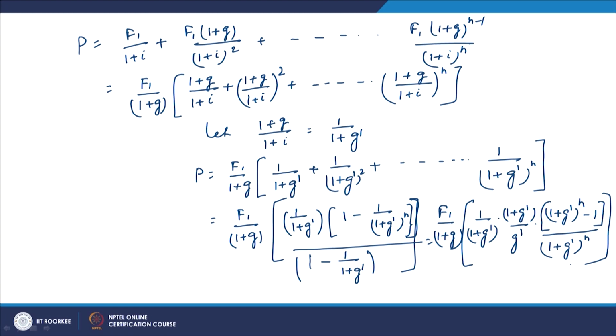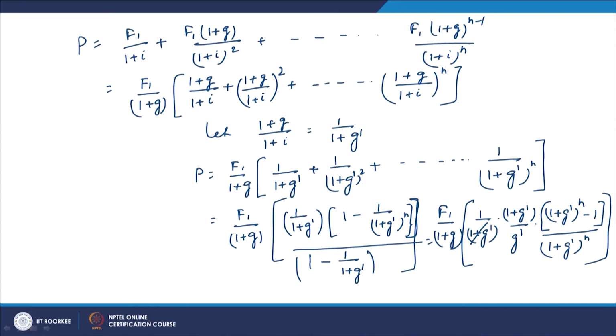Now, in this case this 1 plus g prime and 1 plus g prime will go. So, you will have 1 plus g prime to the power n. So, what we see is f1 by 1 plus g, into 1 plus g prime raised to the power n minus 1 by g prime into 1 plus g prime raised to the power n.